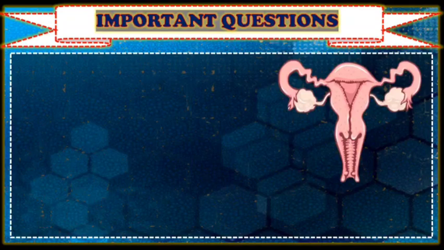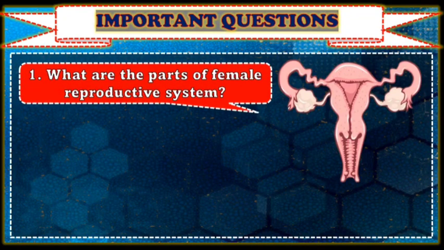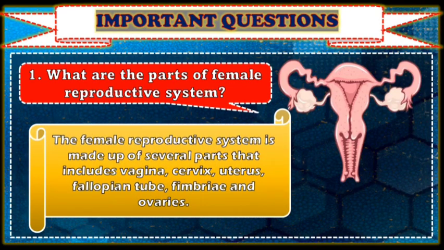So with this class, we can now answer the important questions. For number 1, what are the parts of the female reproductive system? Definitely, the female reproductive system is made up of several parts that include the vagina, cervix, uterus, fallopian tube, fimbriae, and ovaries.